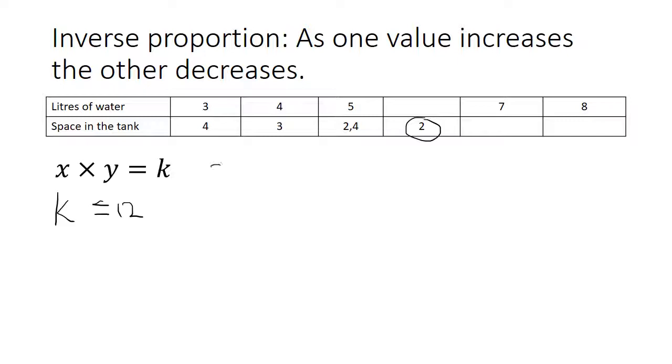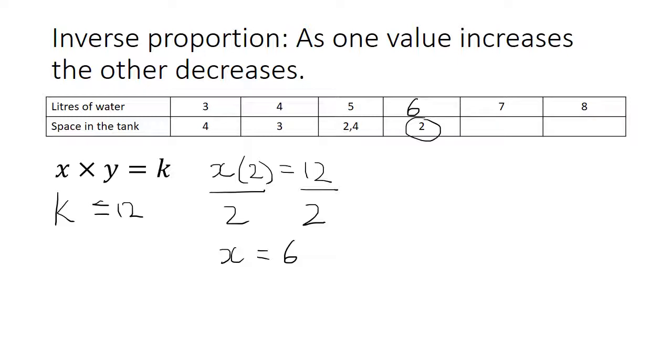For the x we don't have, so x, but the y we know that's a 2, and we do know that k is 12. So 2x is equal to 12. We have to divide by 2 on both sides in order to get x all by itself. So x is equal to 6. Very nice. We can write in the 6 over there.